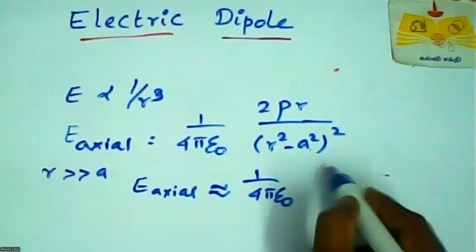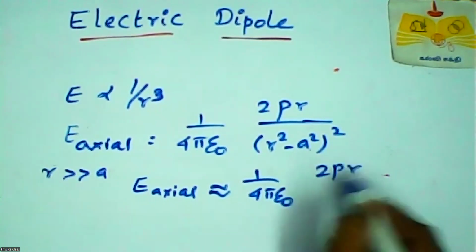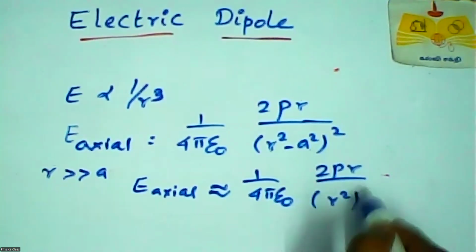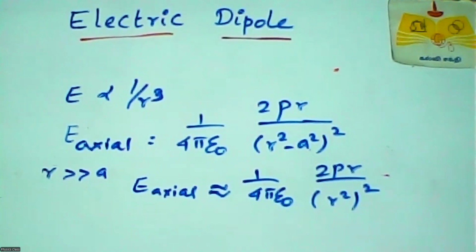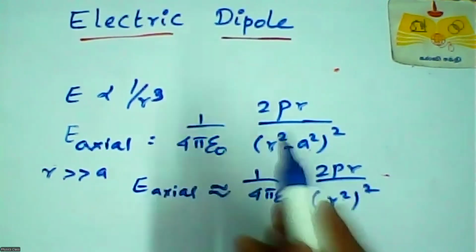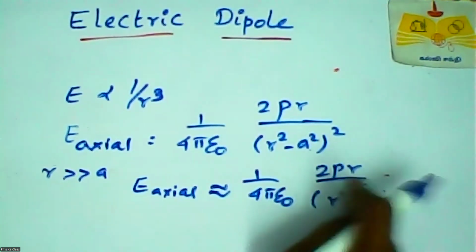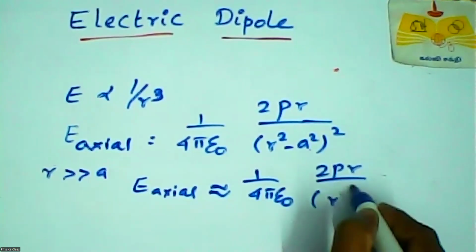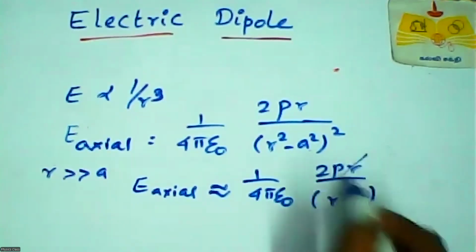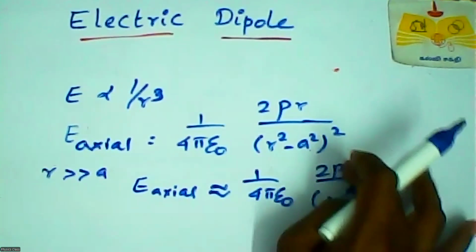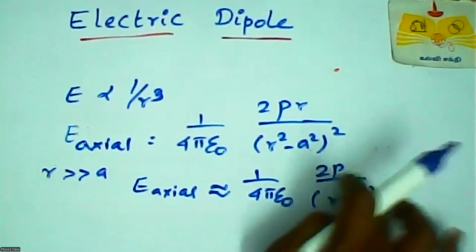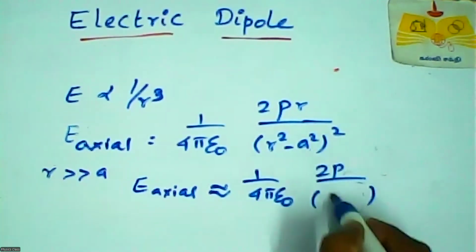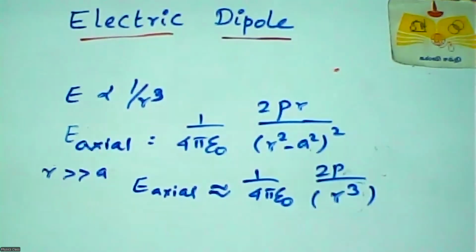Yeah. So we can neglect the A term like this. Okay. So R square squared is R power 4. So we can cancel, and we will get R cube. So this is the electric field due to point charges along the axial line.